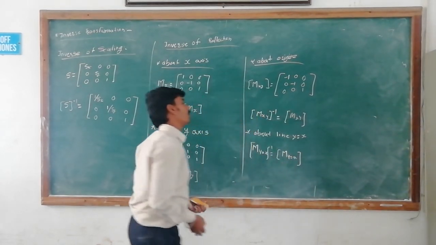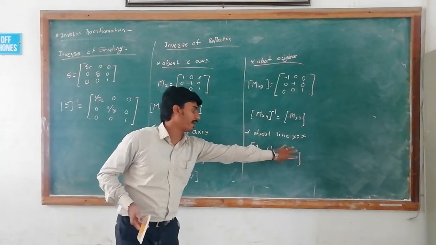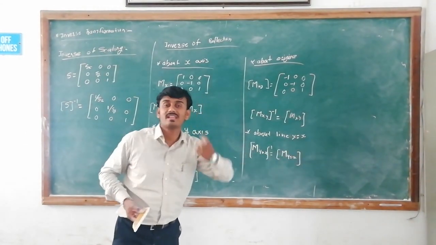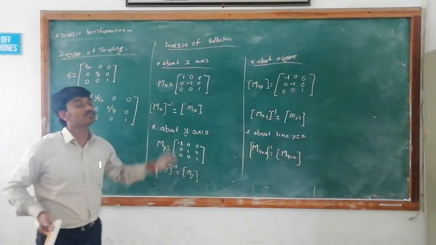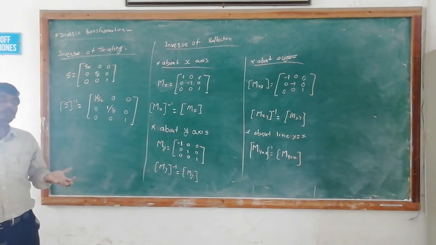The reflection matrix about the line y is equal to x has the same value as its inverse. So these are some types of inverse transformation in two dimensions.